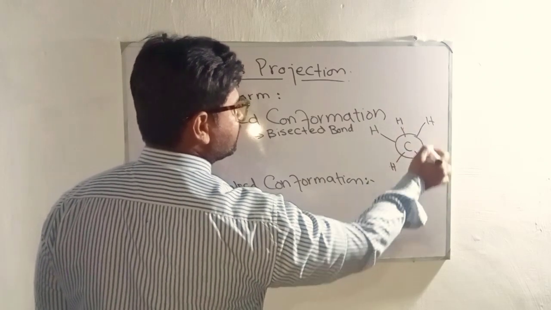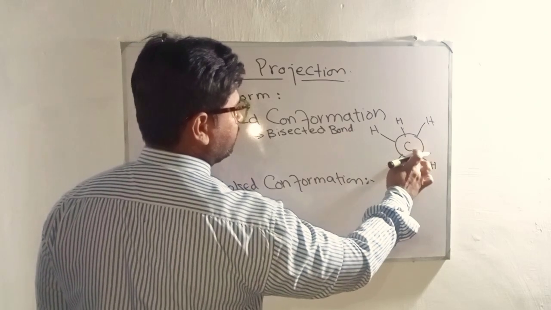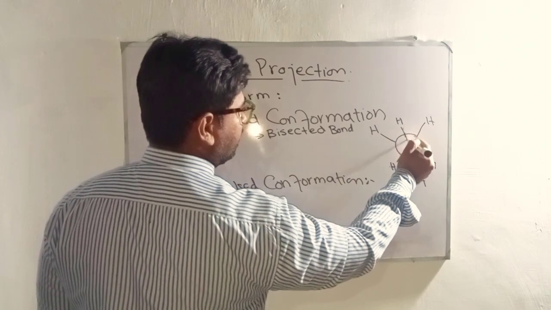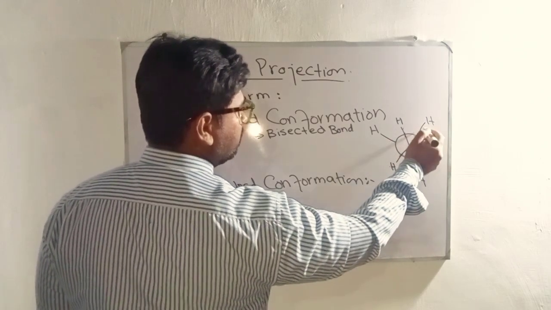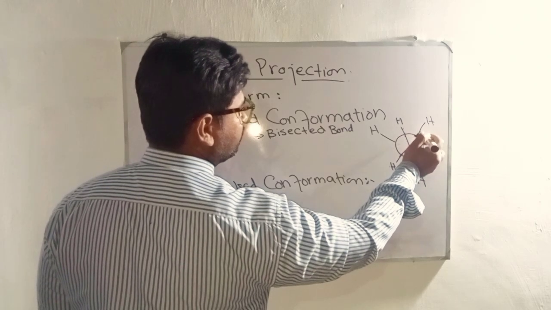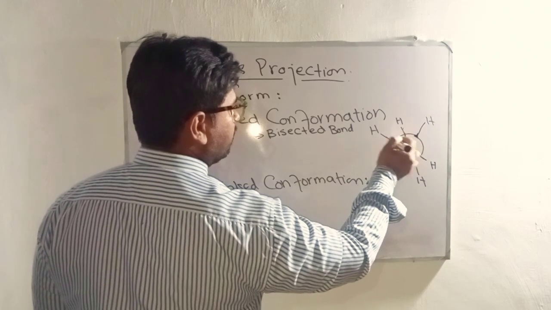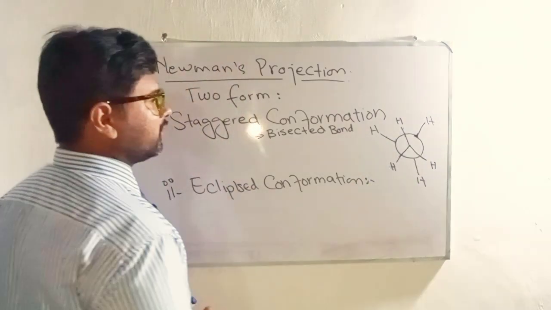So these two bonds are bisected by this one, same case for this and the other. So we will represent the central carbon atom with three bisected lines, but these lines that are connected with the circumference of the circle are actually the carbon to hydrogen bonds that are bisecting the front carbon.